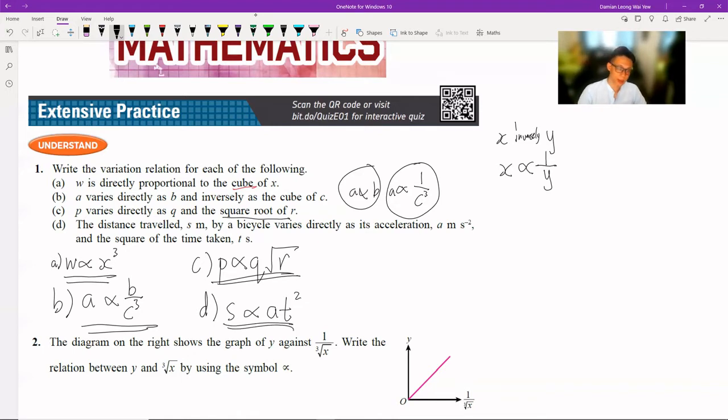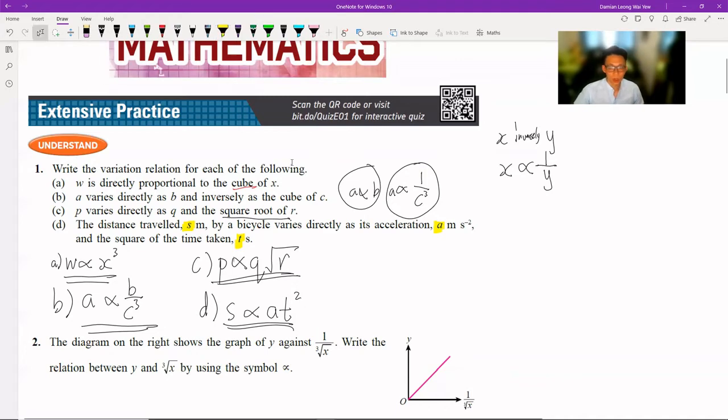They can directly just state what varies with what, or they can put it in a sentence like this. It's basically the same thing. Just pay attention to the variables that they use, S, A, and T here.